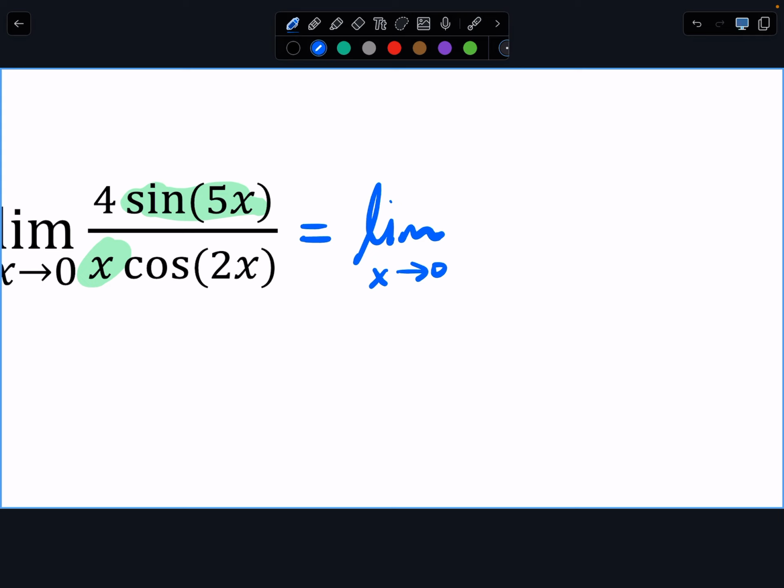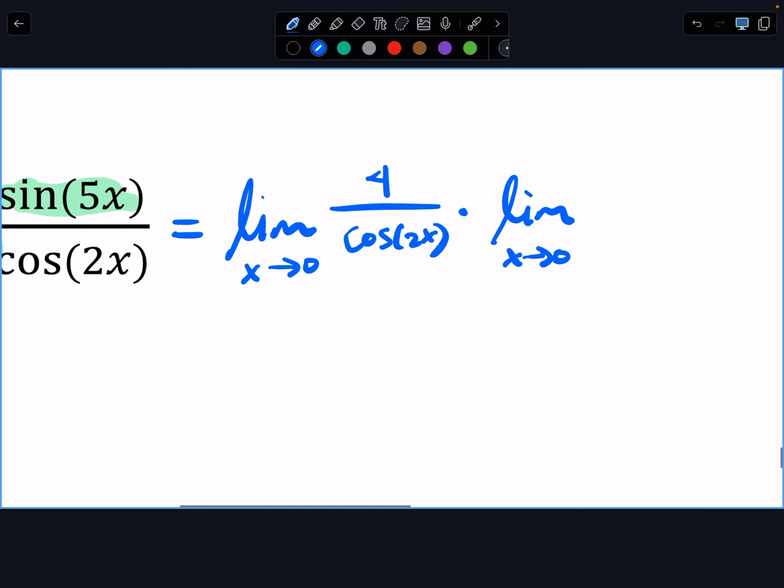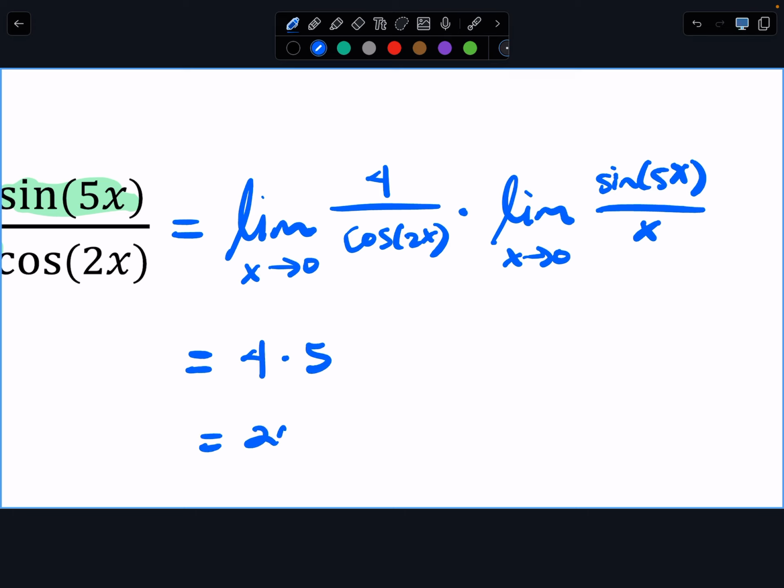So thinking of taking the limit of 4 over cosine 2x times the limit as x approaches 0 of sine of 5x over x. And your steps that you've written down might look slightly different. That's okay. Cosine of 0 is 1, right? So that ends up being 4 times 5 is 20.